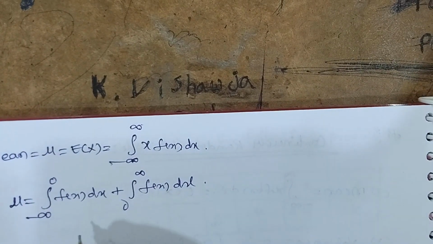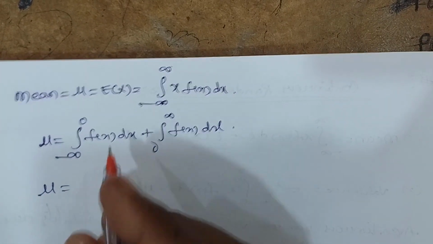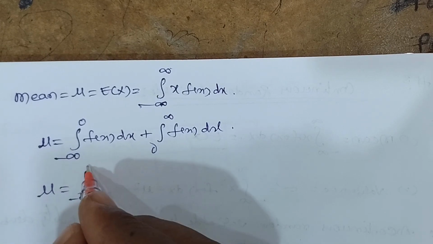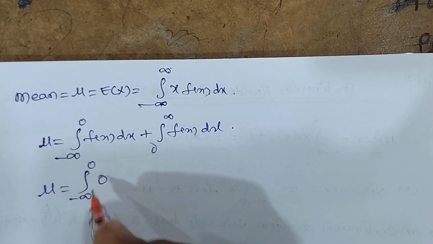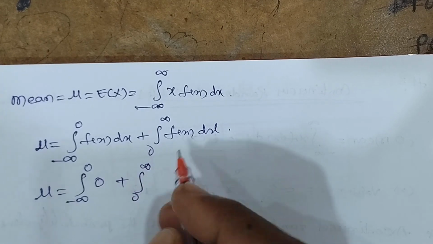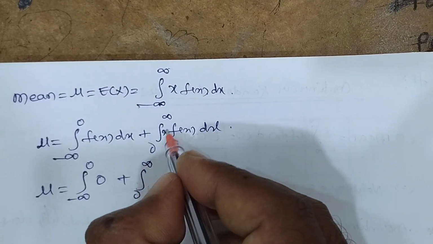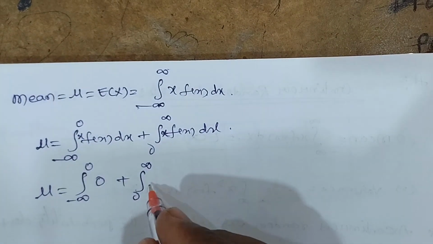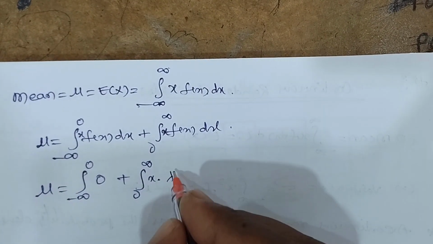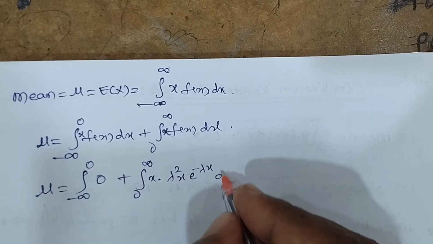Next, substitute. Mu is equal to the integral from minus infinity to 0, where the function is 0, plus the integral from 0 to infinity of x into f of x, where f of x is equal to lambda square into x into e power minus lambda x.